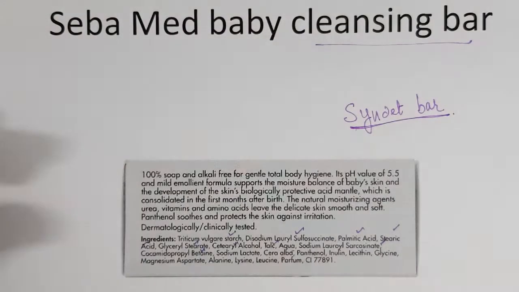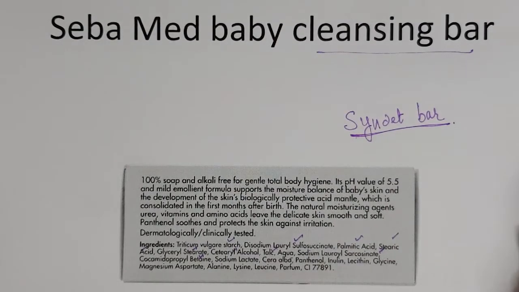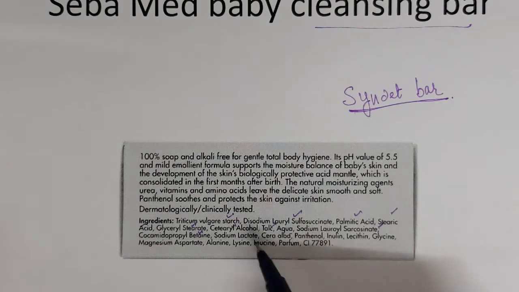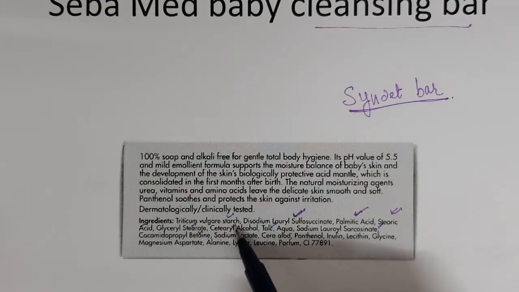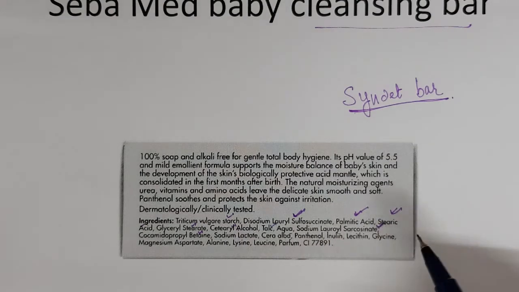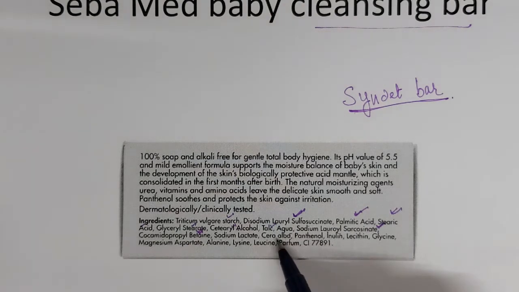The other example which I want to show you is Sebamed baby cleansing bar. It's also a syndet bar. It contains disodium lauryl sulfosuccinate, palmitic acid and stearic acid as such, not in soap form, glyceryl stearate, cetostearyl alcohol, sodium lauryl sarcosinate, cocamidopropyl betaine, and then beeswax and amino acids.